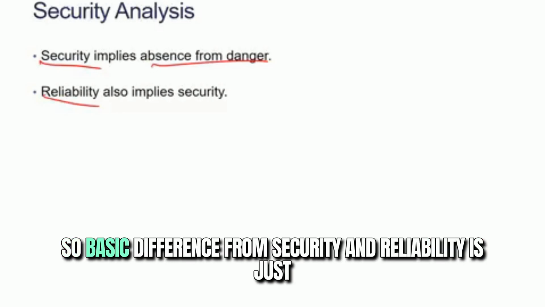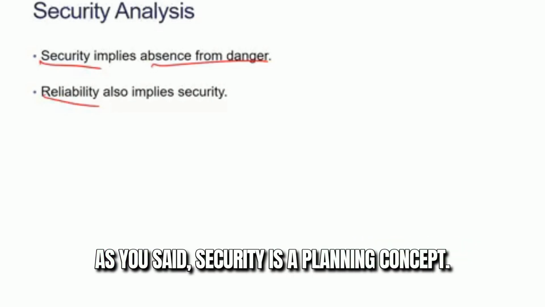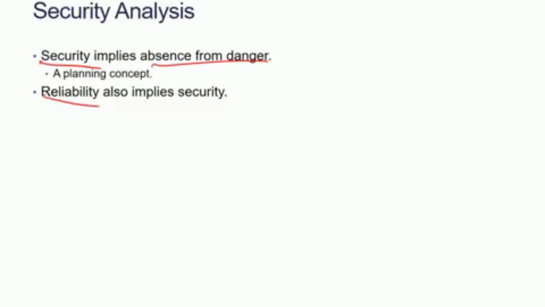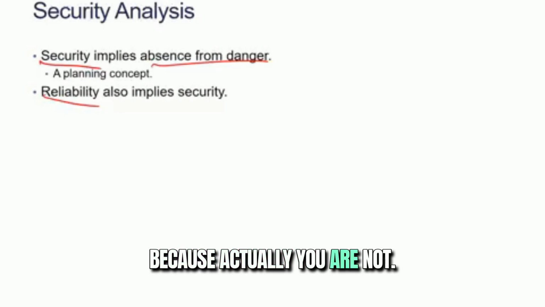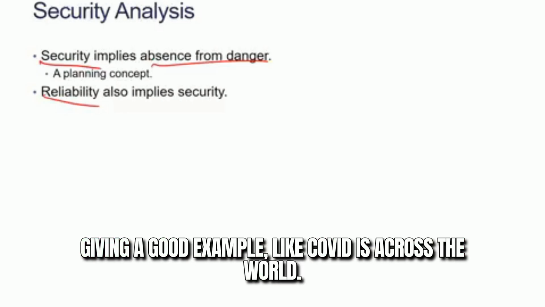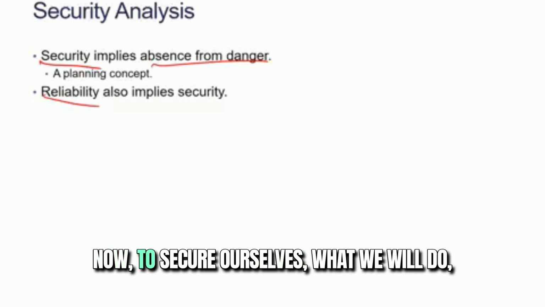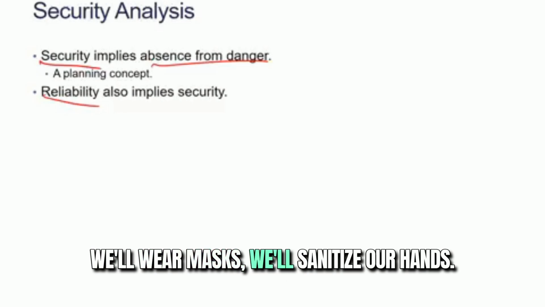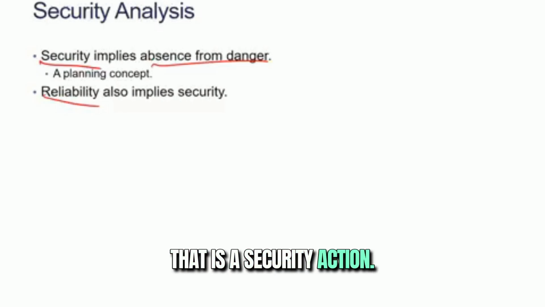So the basic difference between security and reliability is that security is a planning concept. Let me give a good example: COVID is across the world now. To secure ourselves, we wear masks and sanitize our hands. That is a security action.